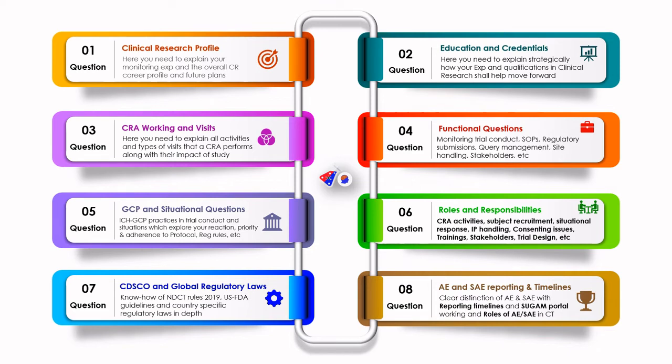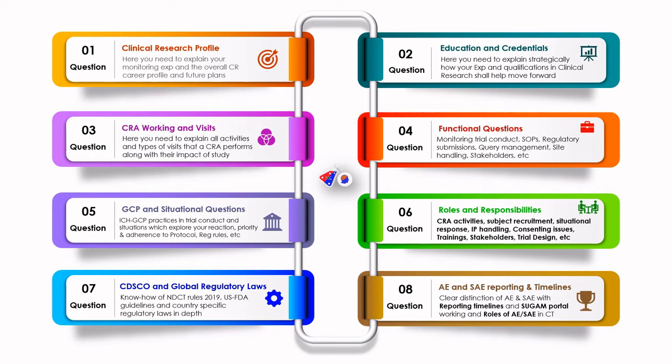So you need thorough knowledge so that there is no mistake in reporting any adverse event or serious adverse event. This reporting critically determines the efficacy and safety of the molecule.